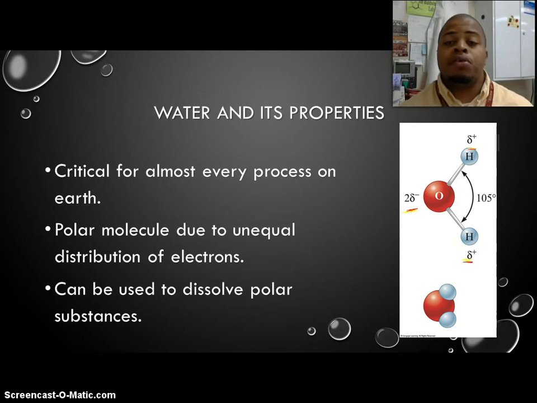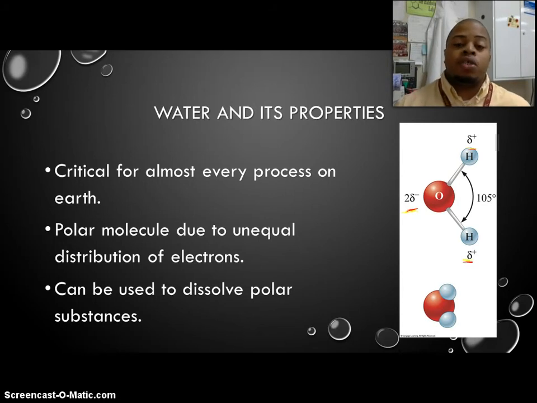Now, this is going to be due to the unequal sharing of electrons. One of the things that we're going to cover in the next couple of units is electronegativity, or the ability of one atom to attract electrons from other atoms. Oxygen has a much higher electronegativity than hydrogen has, giving it a slightly negative charge because it's going to pull those electrons. Think of tug of war.